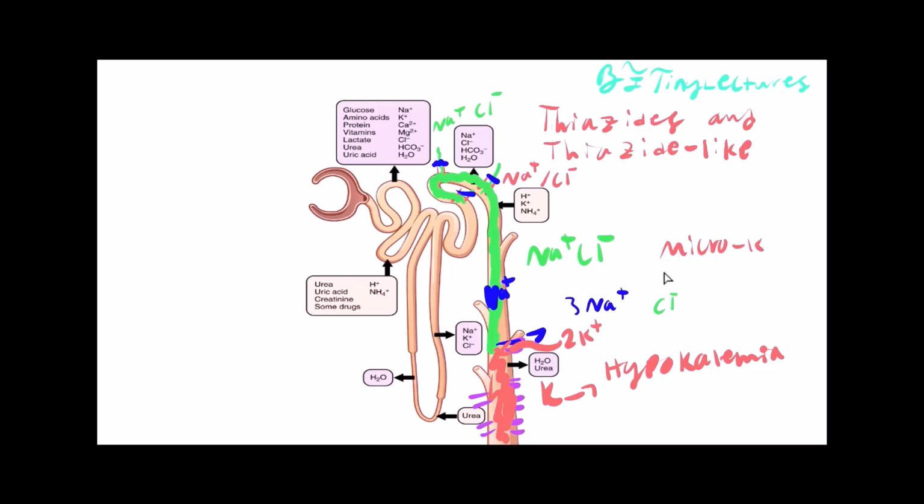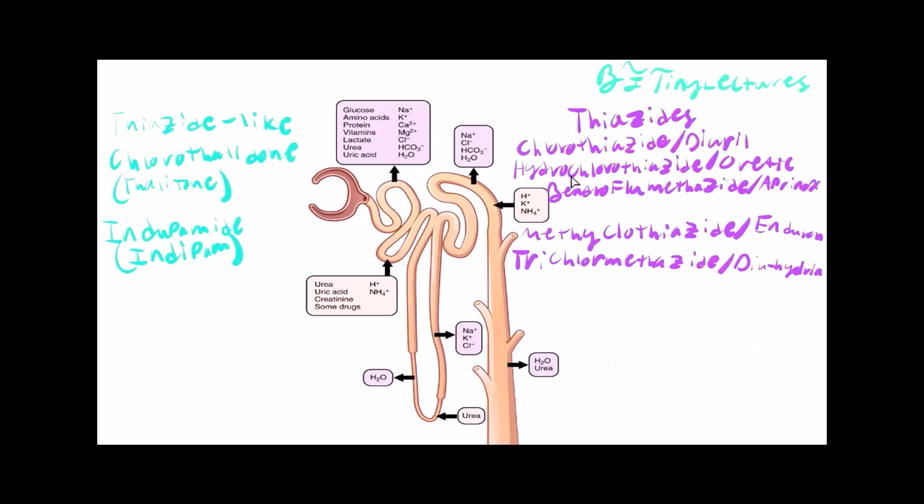So for instance, if I'm using hydrochlorothiazide and I'm using it for a long time, or I give a high dose, I would give micro K alongside with it. So hydrochlorothiazide is a thiazide diuretic, and it's going to prevent sodium and chloride from leaving the distal convoluted tubule. So you have to be careful with hypokalemia.